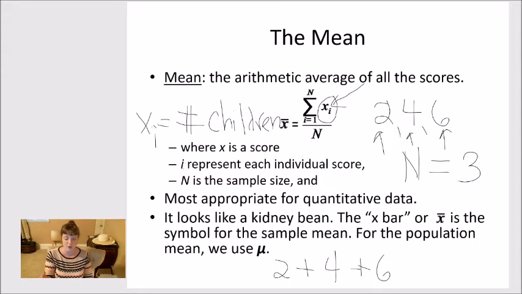So 2 plus 4 plus 6 is 12, but that's only the top part of the equation, right? Down here, that's N. That's the total number of scores, which is what you divide 12 by to get your average.